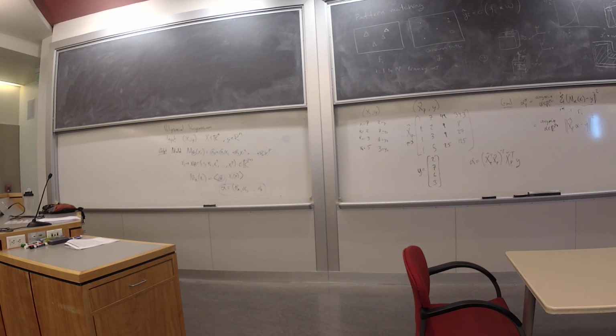Okay, so this says the probability that it's less than minus 2, but now I'm saying it's greater than 2.